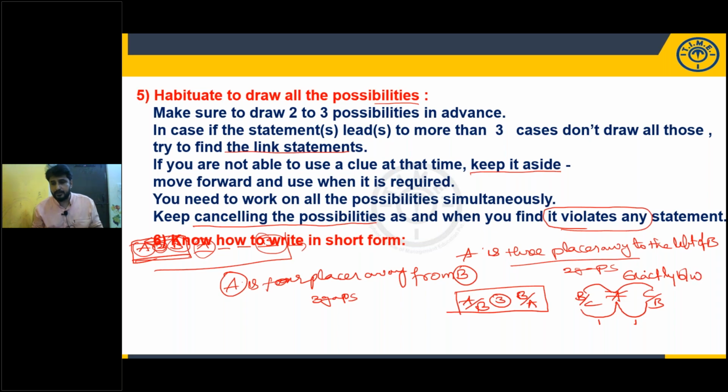So you have to be thorough with this kind of technical terms, and you must know how to write it in a short form. Okay. So whatever we have seen so far, these are do's. I'm assuming that you know all these technical terms. That's why I'm rushing a little bit fast, because we have to spend more time on important models that we come across in puzzles.